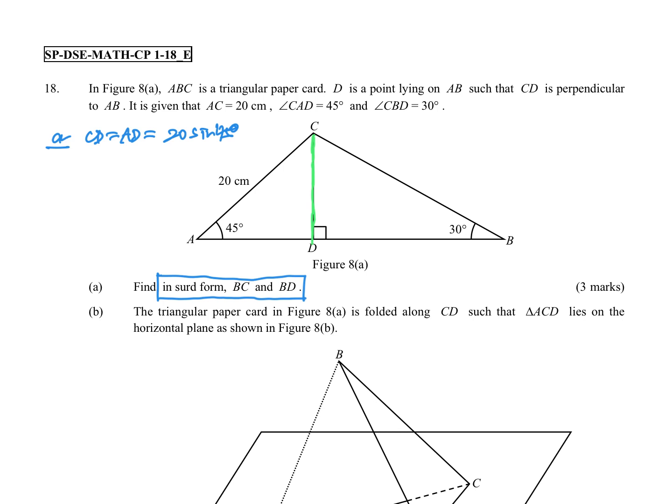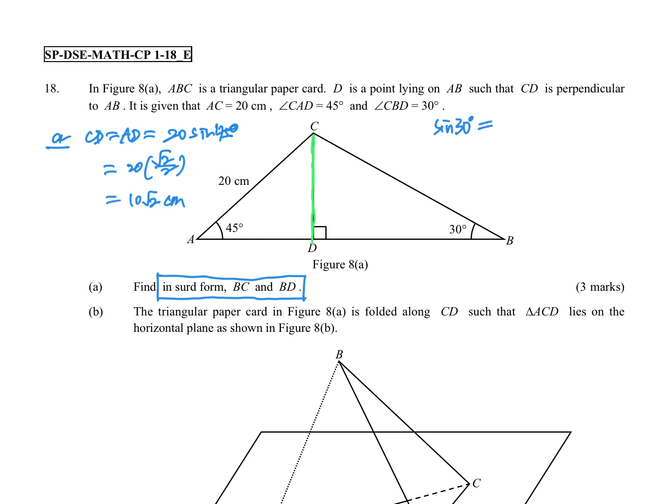And then sine 45 is square root 2 over 2, so that will be 10 square root 2 for CD or AD. Good. After that, we can make use of the right angle triangle on the right. First of all, we find BC, so try to make use of sine.